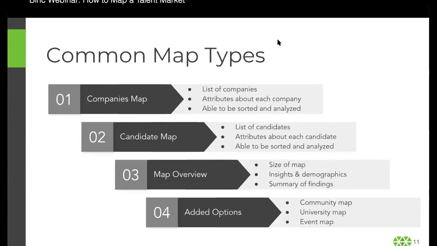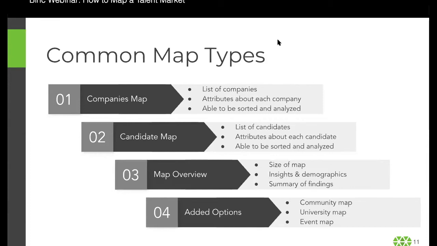And then finally, because you can get as creative as your imagination allows as far as the types of maps that you create, some additional options could be a community map. Again, if we define community as an open source community as an example, then we could create a map of all committers or contributors to a certain open source project.